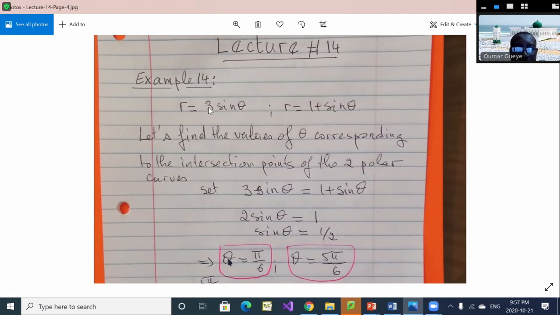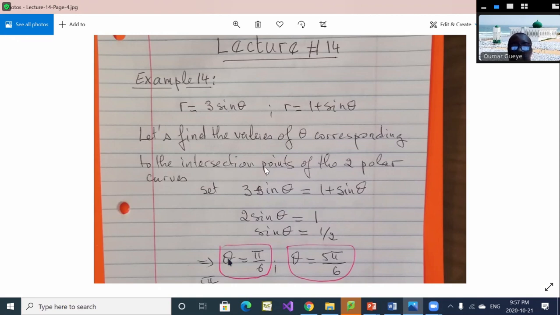You multiply by 3. So the first function returns you 3. In the second function, you substitute theta by pi by 2. The sine is going to be 1, plus 1, you get 2. So it means the first function returns us 3, while the second function gave us 2. So the greater function is going to be, in this case, 3 sine of theta.